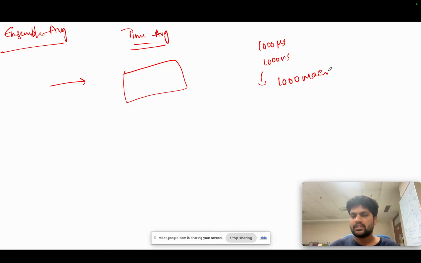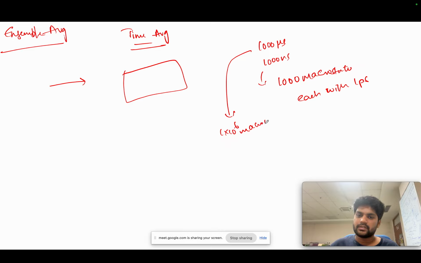If I take this with each 1 picosecond, I will get 1 into 10 to the power 6 microstates. You can see the difference between 1000 nanoseconds and 1000 picoseconds.